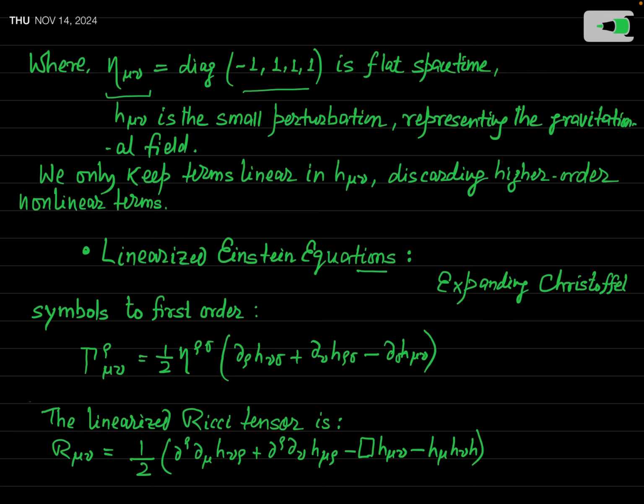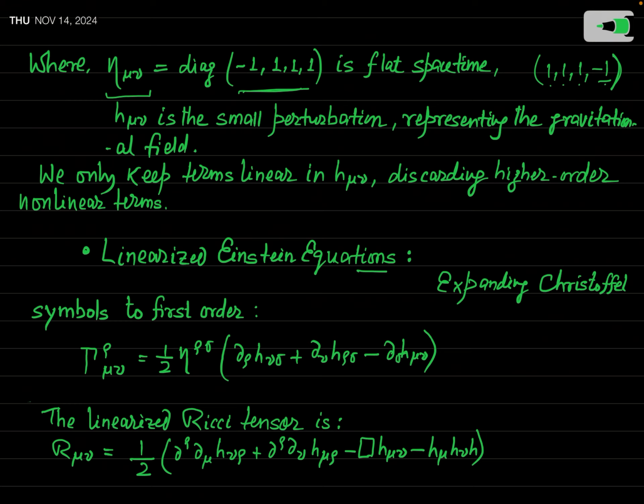In my previous lectures I have defined it like 1, 1, 1 and minus 1, but both are the same. When you take time as the 0th coordinate, then we write like this. And when you consider the components as first, second, third, and time as the fourth coordinate, then it is written like this. So both are correct.